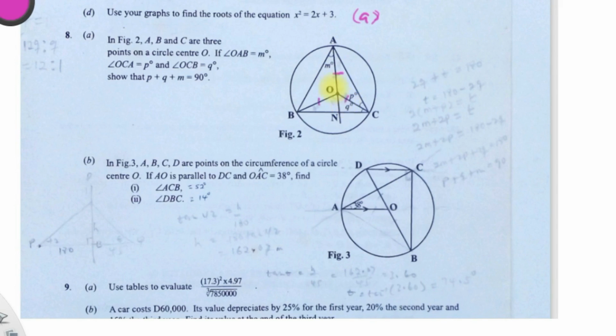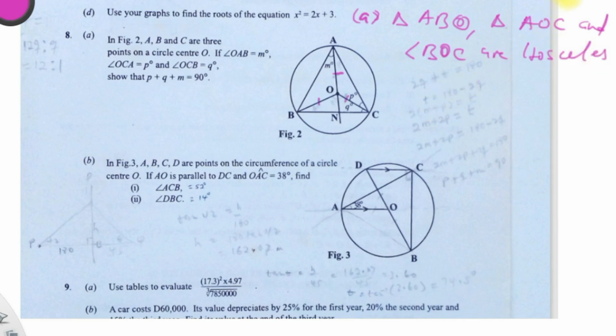So these three small triangles, triangle ABO, triangle AOC, and triangle BOC, are all associated triangles, that is, isosceles triangles.